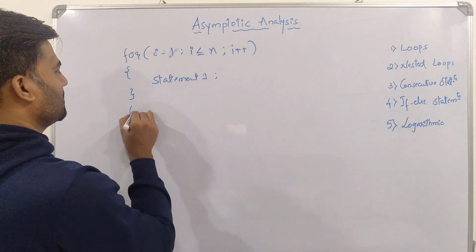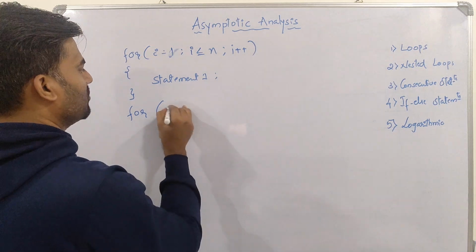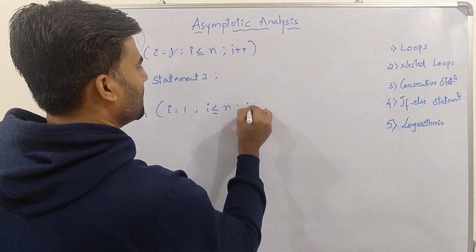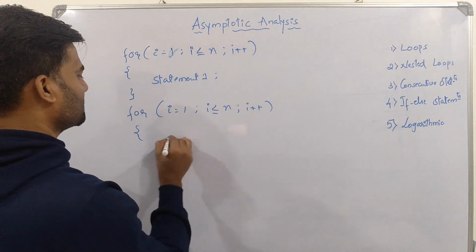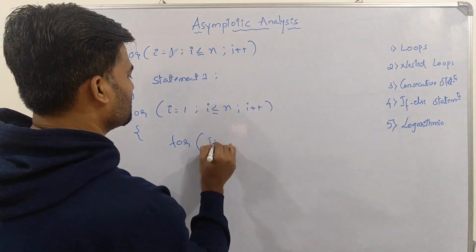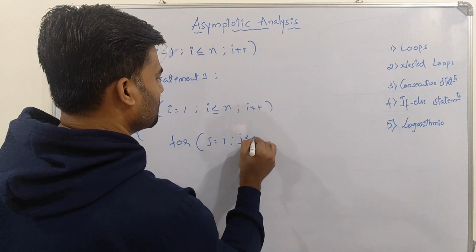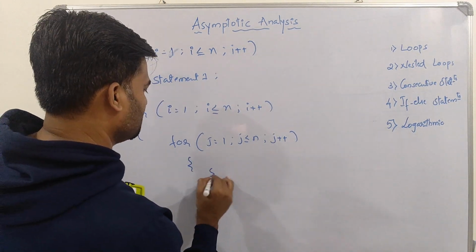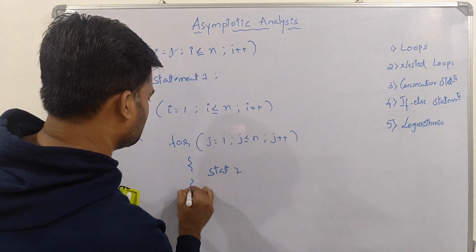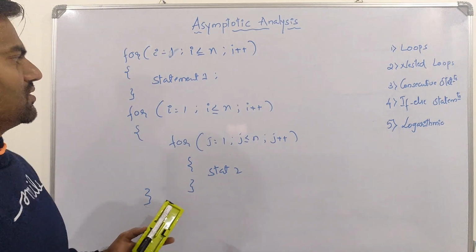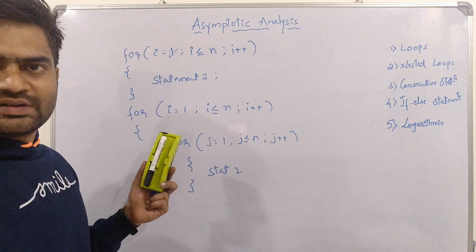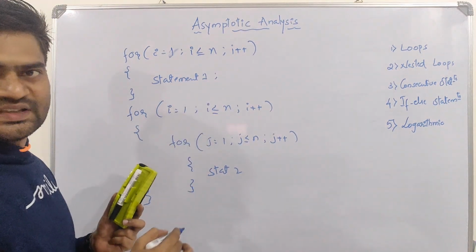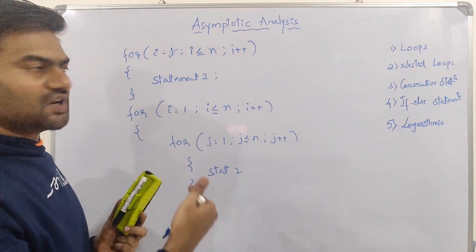Then after that we have one more loop, i equal to 1, i less than or equal to n, i plus plus. This time it is a nested one: for j equal to 1, j less than or equal to n, j plus plus, and statement 2 executes here. So these are consecutive for loops. One is a normal single for loop and another one is nested, which executes one after the other.